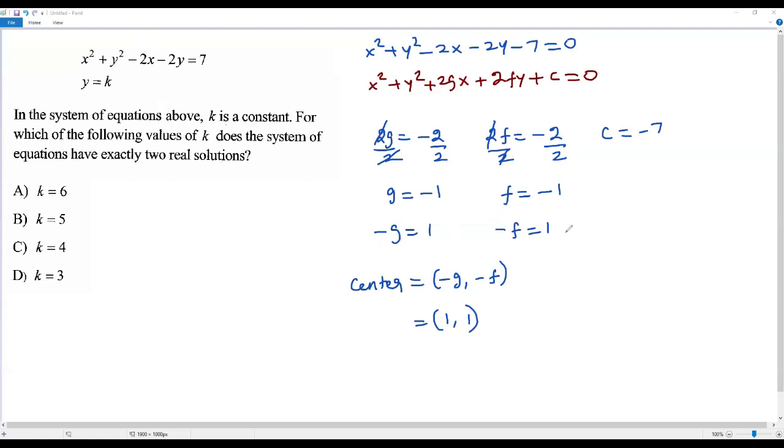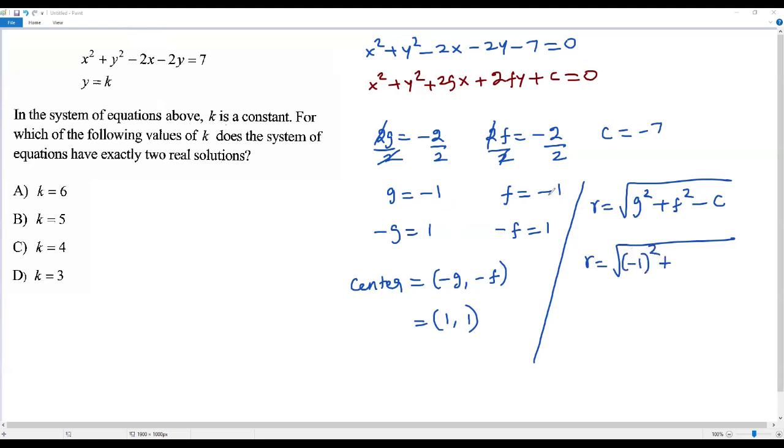Now I'm going to find the radius of the circle. The formula to get the radius of the circle when the equation is given in general form is the square root of g² + f² − c. So r equals, already we know the value of g, that is −1. We can take (−1)². The value of f is −1, then (−1)². And here we have a negative sign in the formula, and the value of c is −7.